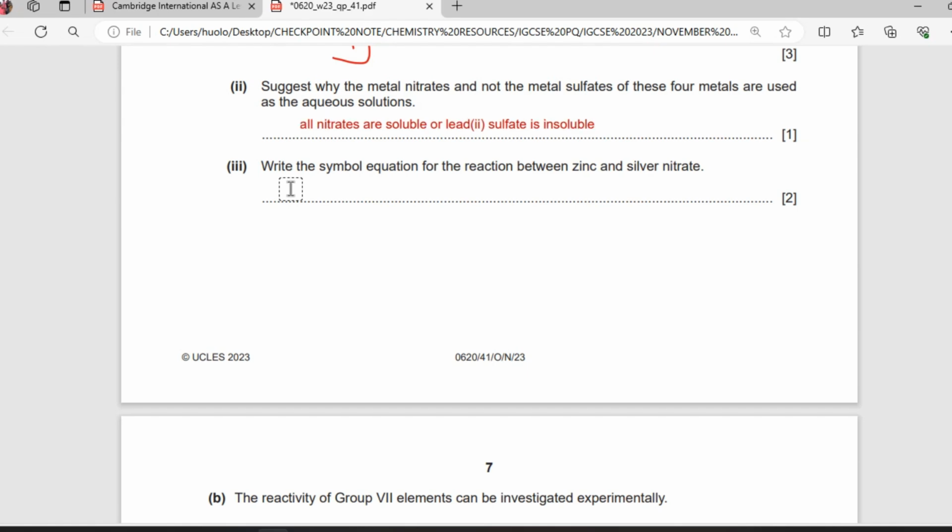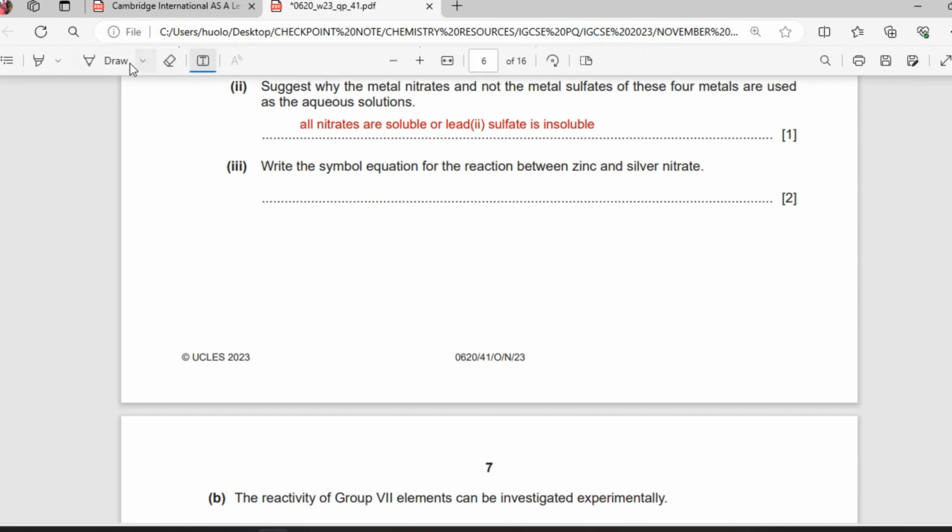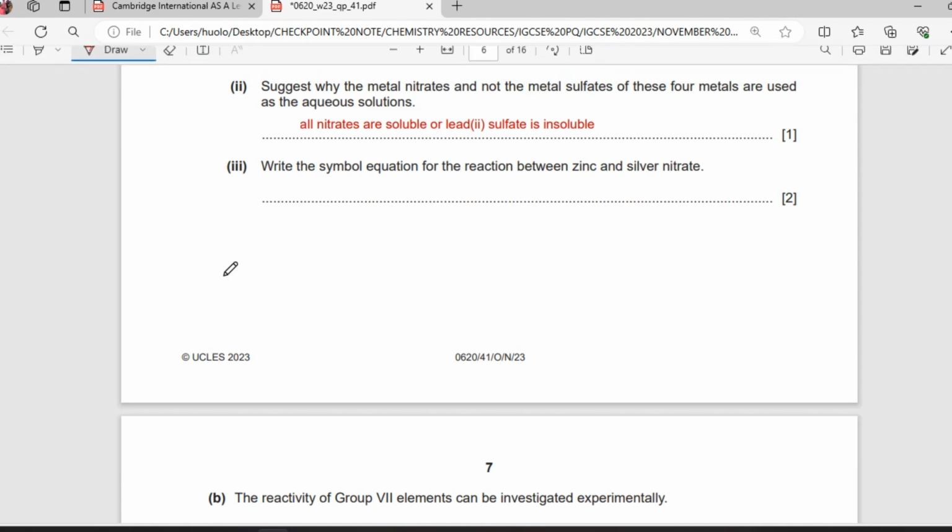Write the symbol equation for the reaction between zinc and silver nitrate. Okay, so we go again. We want to write a symbol equation. Please remember that all symbol equations must be balanced, and the order with which the reactants and the products appear does not matter.